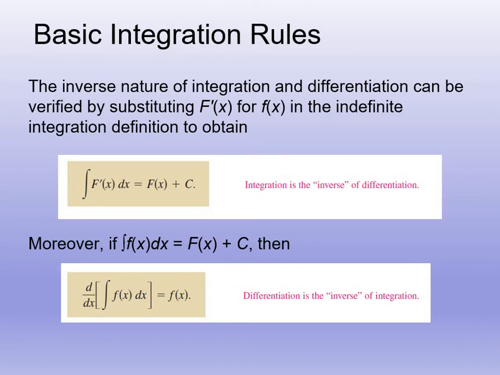So in the first example, the integral and the derivative of capital F of x cancel each other out, so I'm just left with F of x plus c. In the second example, I'm taking the derivative d/dx of an integral. The d/dx and the integral symbol cancel each other out, and we are left with just f of x.